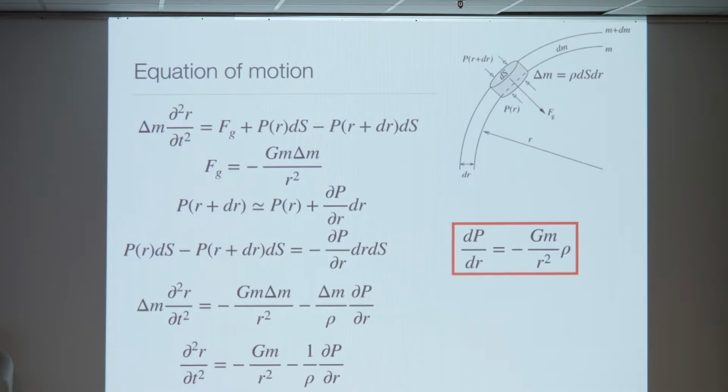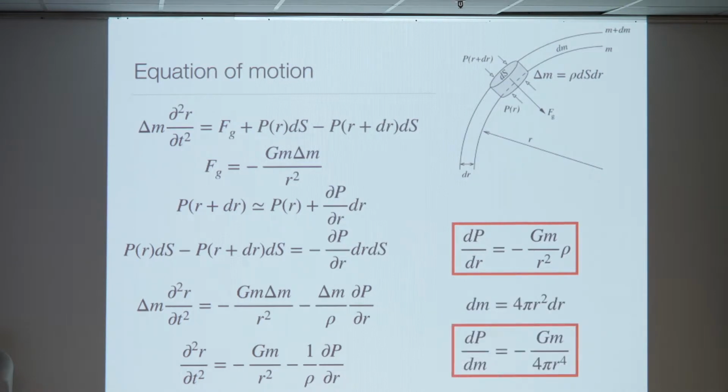So the term from the derivative by the time will be 0. So what we get in the end from equation of motion is this equation, which also governs the behavior of the internal structure of the stars.